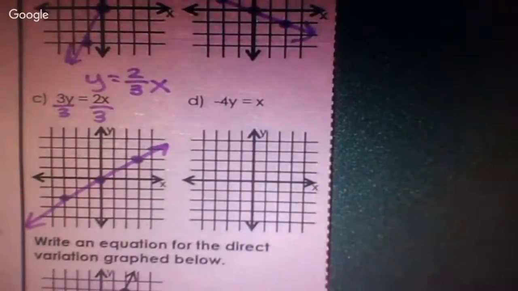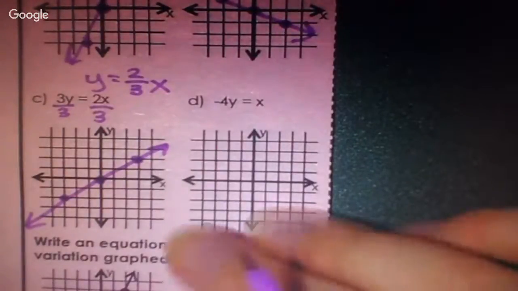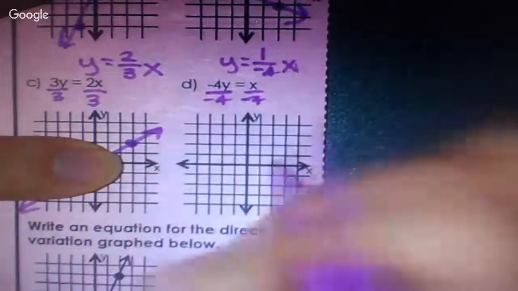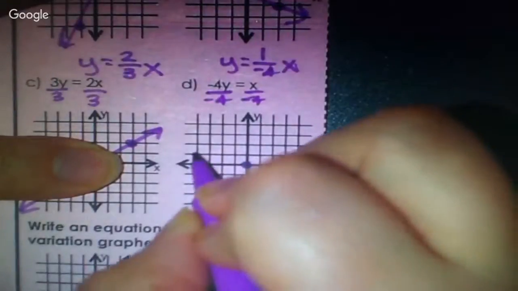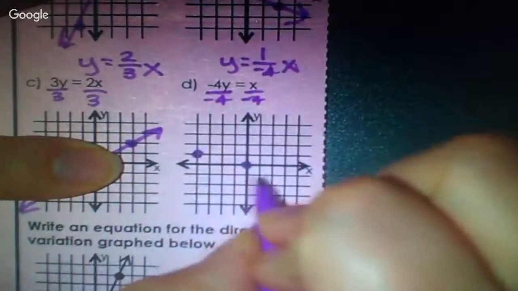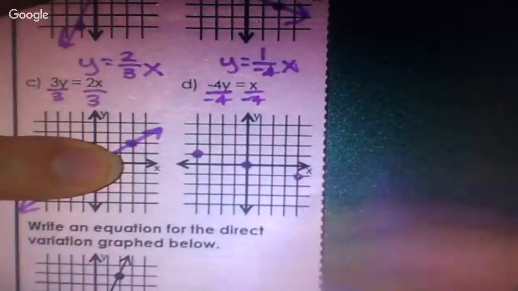Do you have to do that to make a line? I always do 1 to the right and 1 to the left to make my line straighter. You don't have to. Next one, divide by -4. So y = 1 over -4x. So either up and to the left or down and to the right.